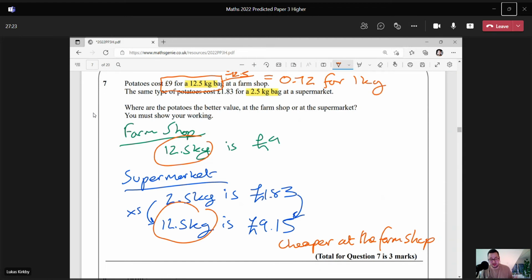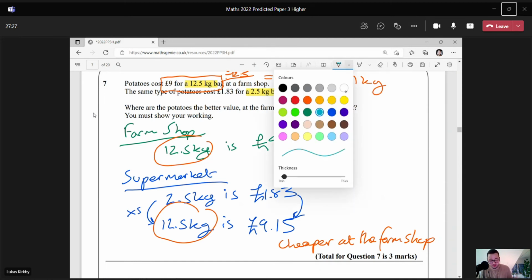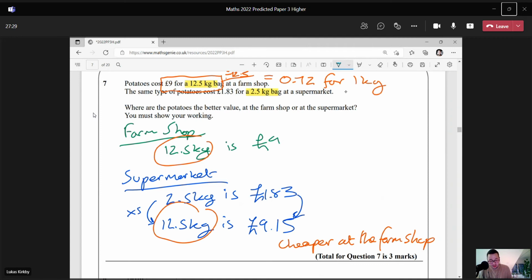And then if we try the supermarket as well, now this was for 2.5, so we want to divide 1.83 by 2.5, and we end up with 0.732 for 1 kilogram. So again, it's more expensive at the supermarket, and so it's cheaper at the farm shop.